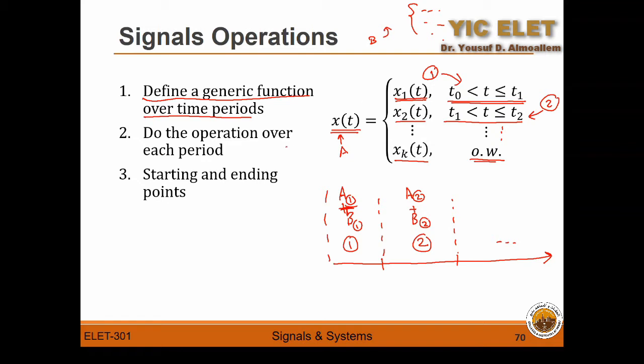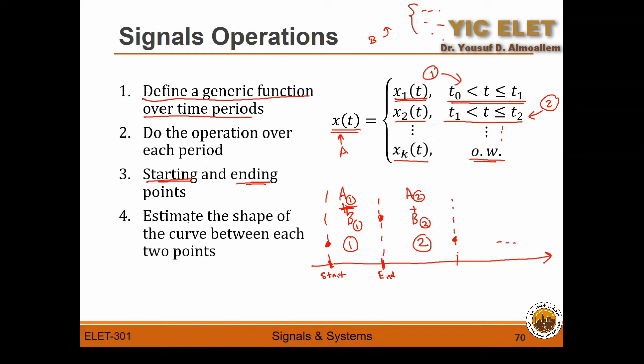Make sure that you connect the starting and ending points. So for each period there is a starting point and an ending point. So this is the start and this is the end. So make sure that when you do the summation, you calculate in particular where it starts and where it ends. So then we could find out the connection between different periods.